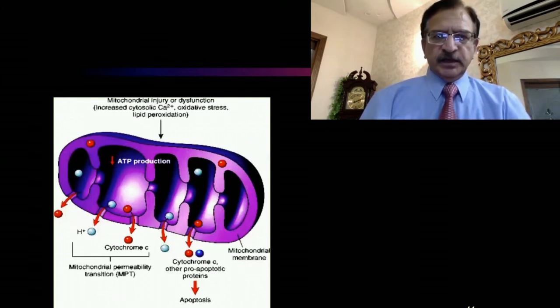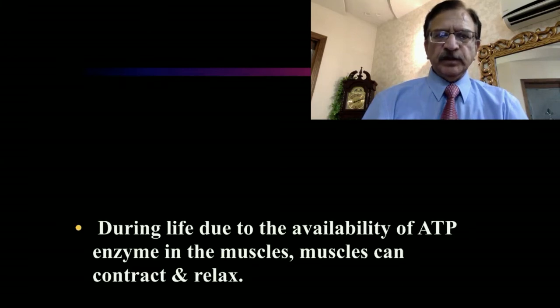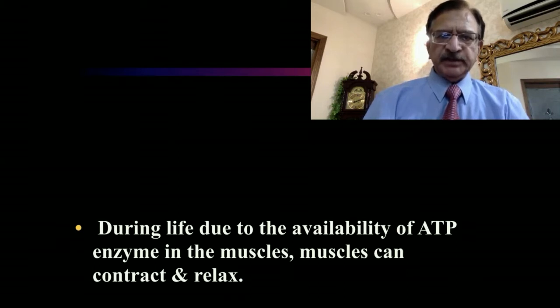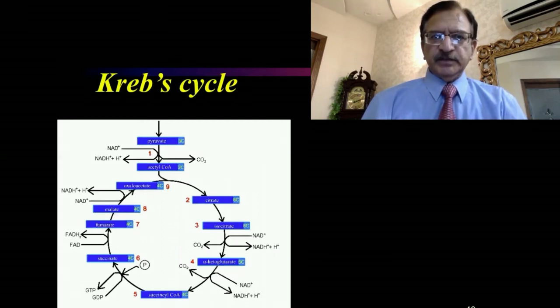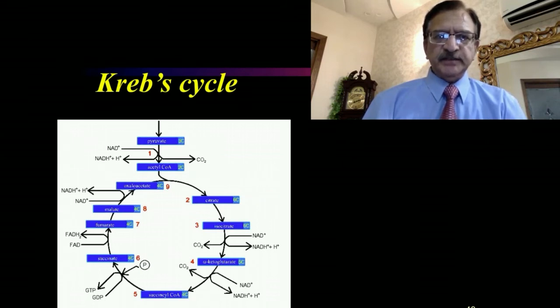This is a diagram of mitochondria, which is the energy source, or the energy factory, of the human cell. During life, due to the availability of ATP in the muscles, muscle can contract and relax. There is the Krebs citric acid cycle, which is the metabolic cycle, utilizing oxygen and other metabolites and releasing ATP.